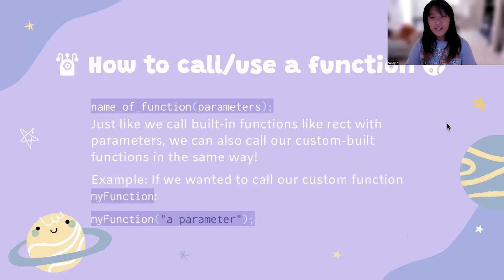All right, how to call or use a function. Name of function, parameters, right? So you know how this works with a rectangle. You can replace this with any of the functions we've learned so far. Name of function, the parentheses, semicolon. For example, let's use noStroke. noStroke has just no capital S, right? Parameters, there's no parameters for noStroke because we don't need to take in any information.